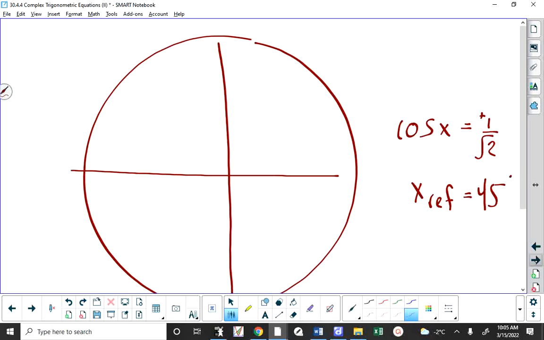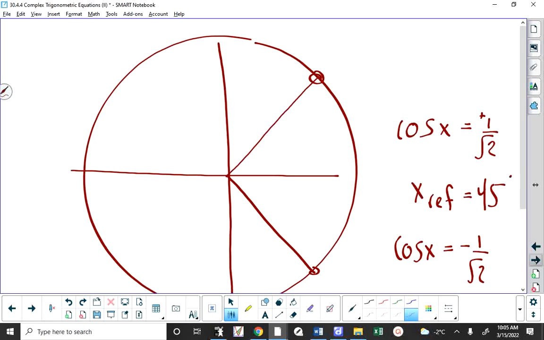So you would draw a terminal arm here, a terminal arm here. For the one where cos of x equals negative 1 over root 2, you'd still get the same reference angle, because you go inverse cos of 1 over root 2. You don't include the negative in that.